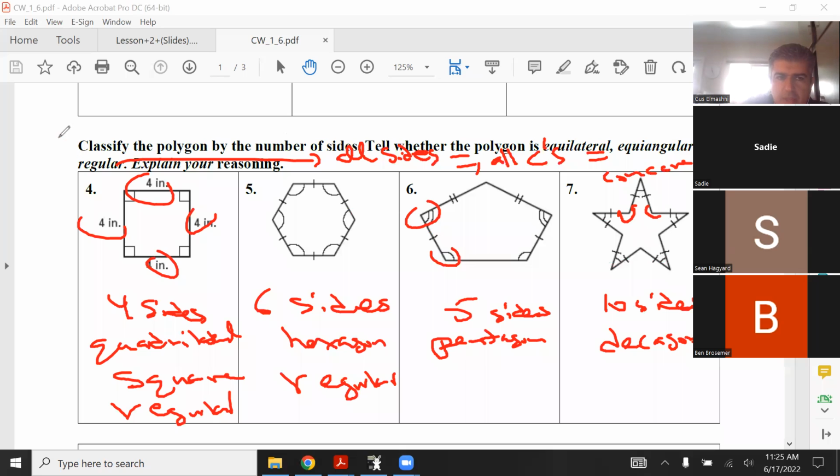You know, regular has to be convex. So we'll just say it's equilateral because all the sides are the same at least. I mean, obviously that's a star, a 5-point star. But really, 4 and 5 are the ones we tend to work with a lot. Regular polygons where all the sides and all the angles are the same.